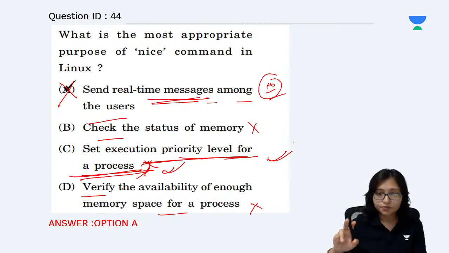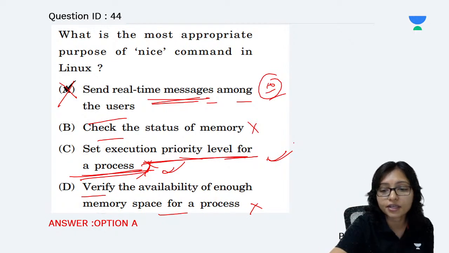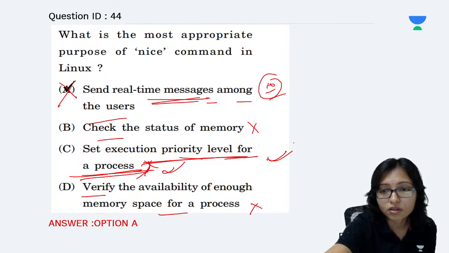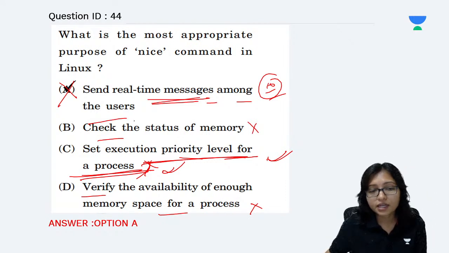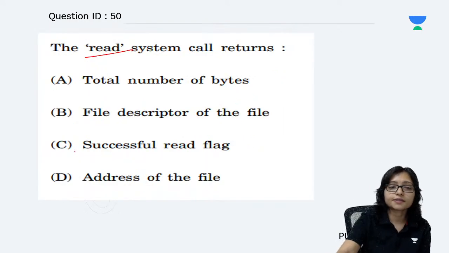This one is C, execution priority, because the nice command is used for execution priority. Okay, for the priority purpose it is used. That's why C is the correct answer.